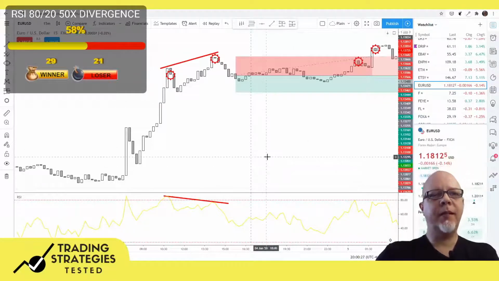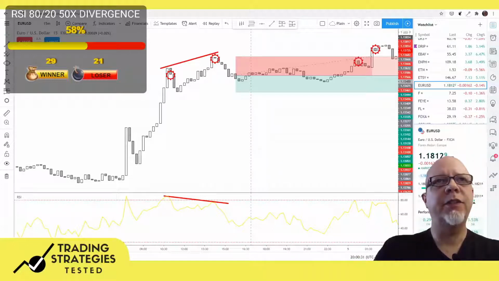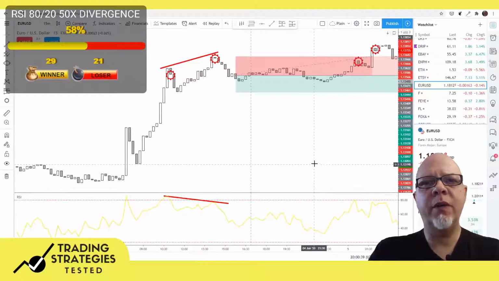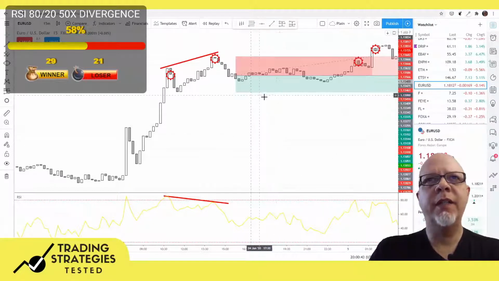So we basically have 58%, so let's call it 60% accuracy on this. Some of the moves are quite nice and large, but it doesn't happen a whole lot.